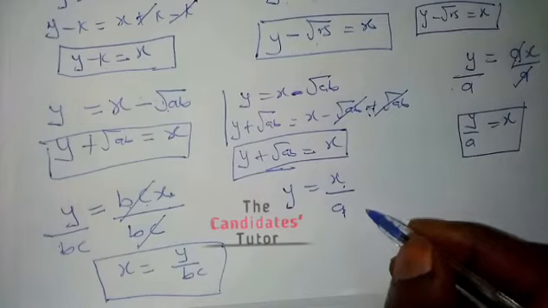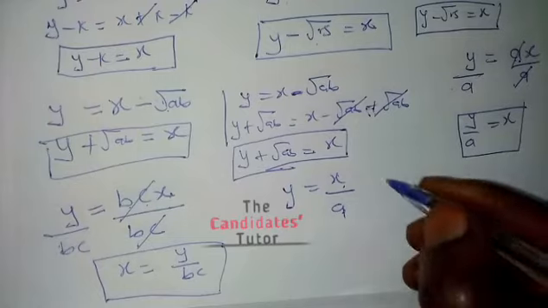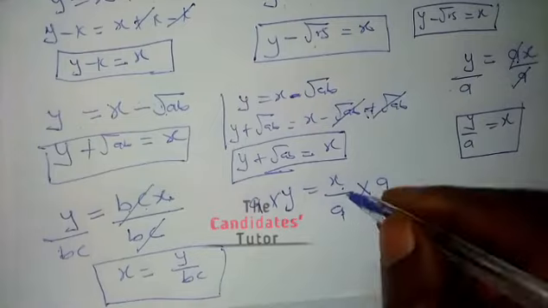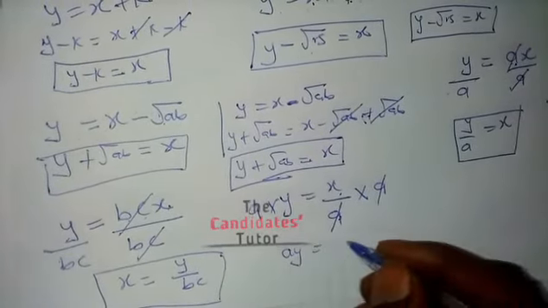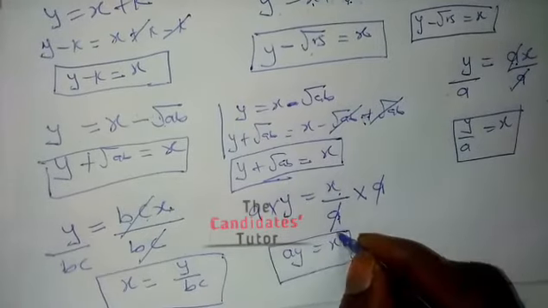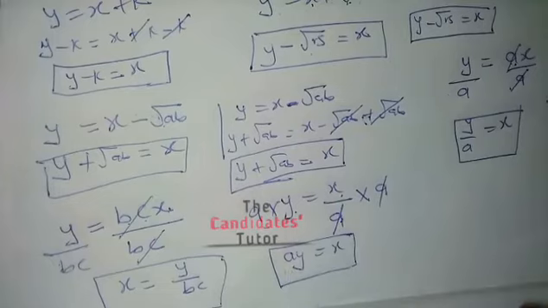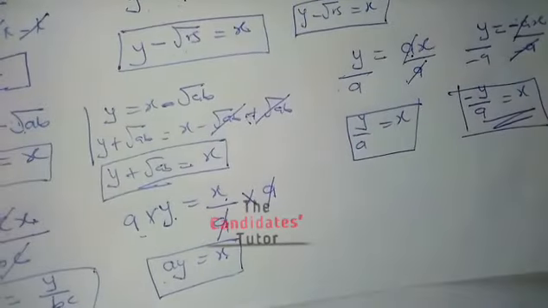So what we do is multiply. So addition will go with subtraction, multiplication will go with division, in that order. So we multiply this side by a, and multiply the other side also by a, so that this a will take care of this a, and we have ay equal to x. Because a times y is ay, and that becomes the final answer. Let's solve more questions.